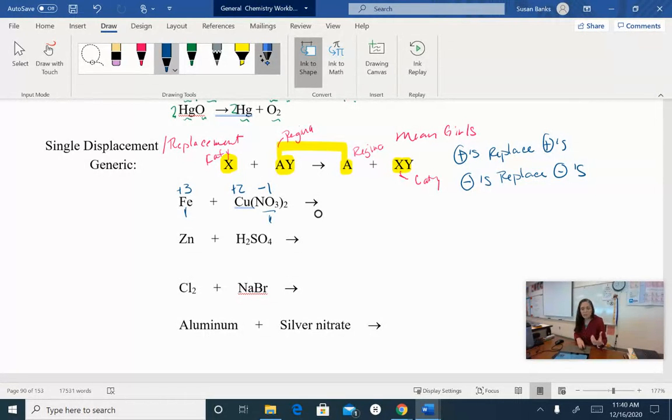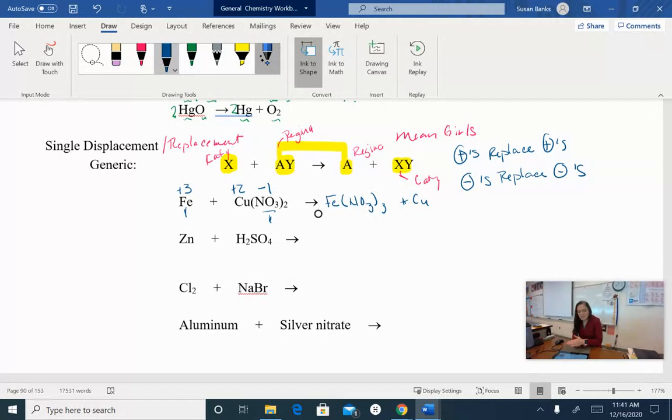So I'm going to need 3 nitrates. And remember, when I need to multiply a polyatomic, I've got to put parentheses around it. So I'm going to need 3 nitrates, and then copper will be by itself. Okay, so there's my skeleton equation.